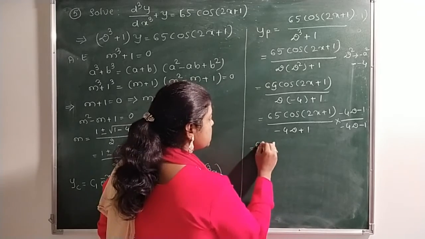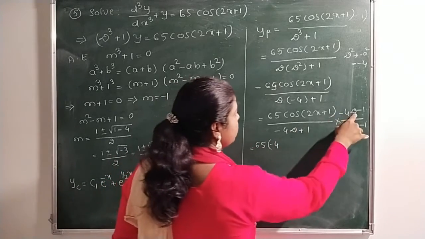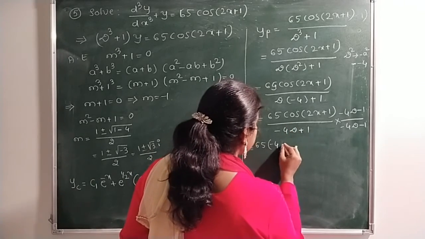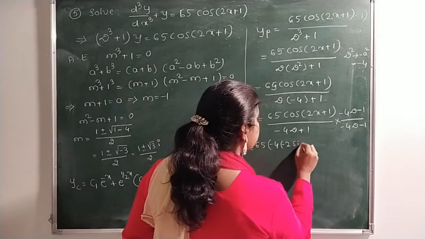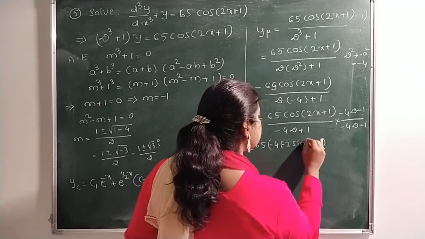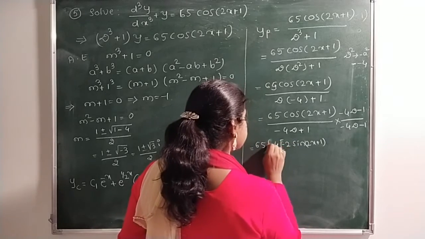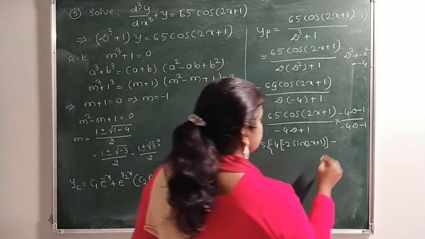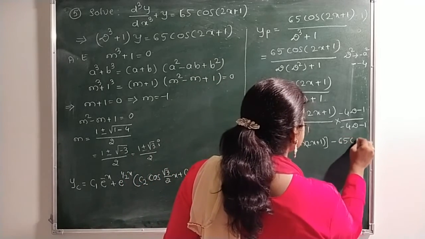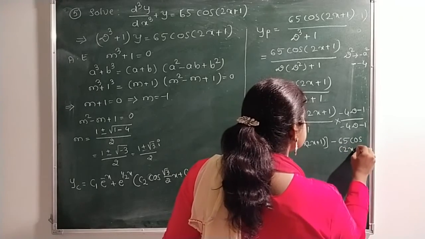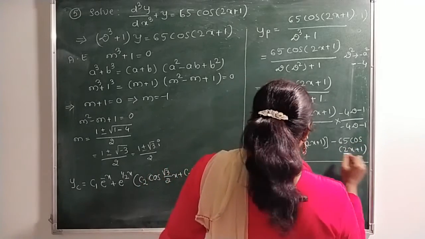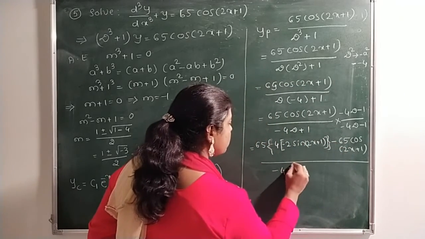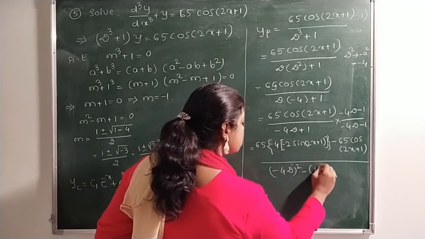This becomes 65 times minus 4, differentiation of cos becomes minus 2 sin 2x, plus 1, minus 65 cos 2x plus 1, divided by minus 4D whole square minus 1 square.